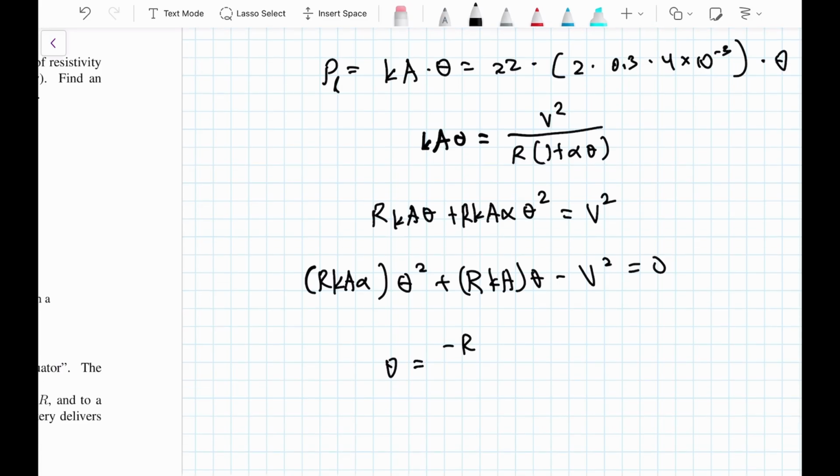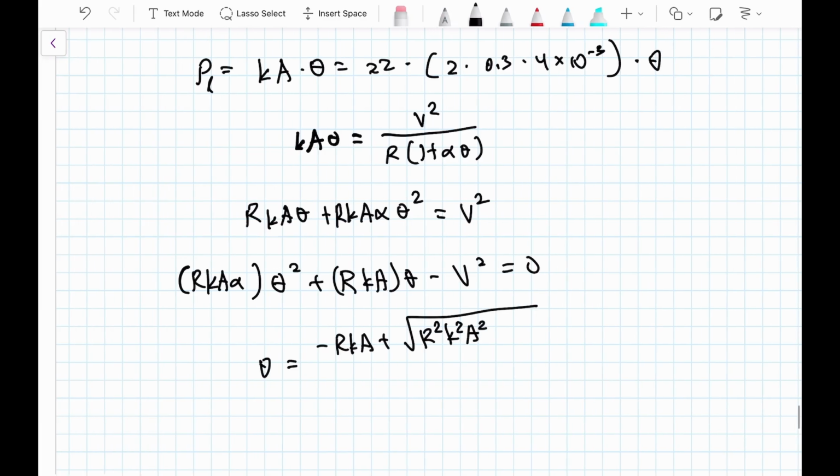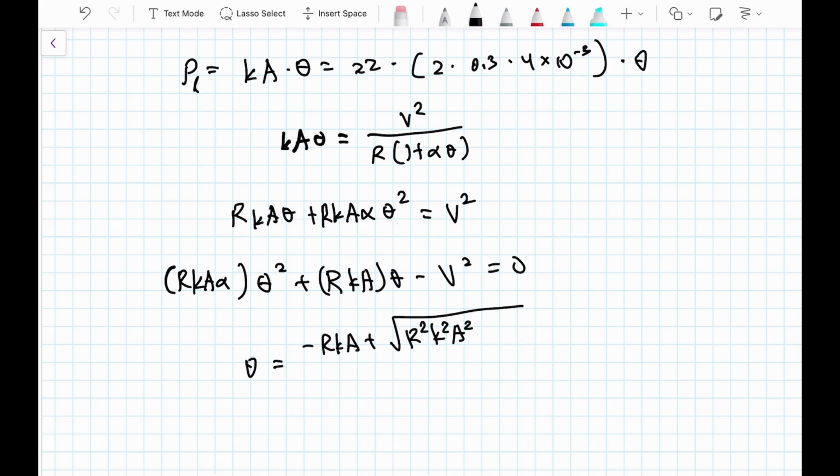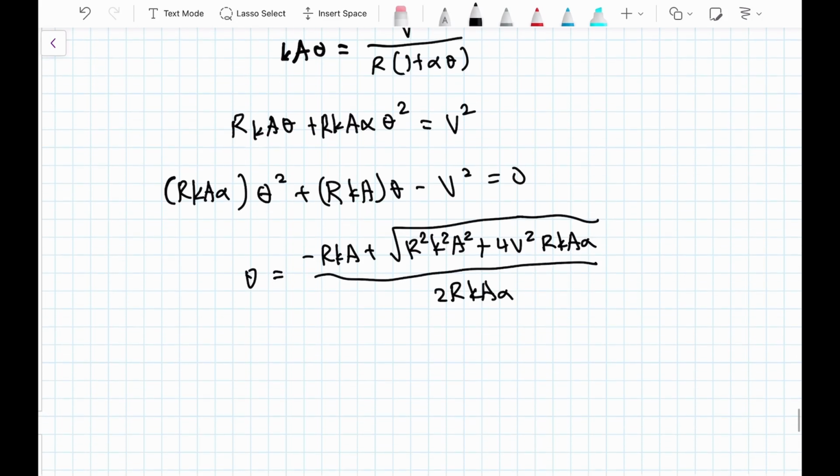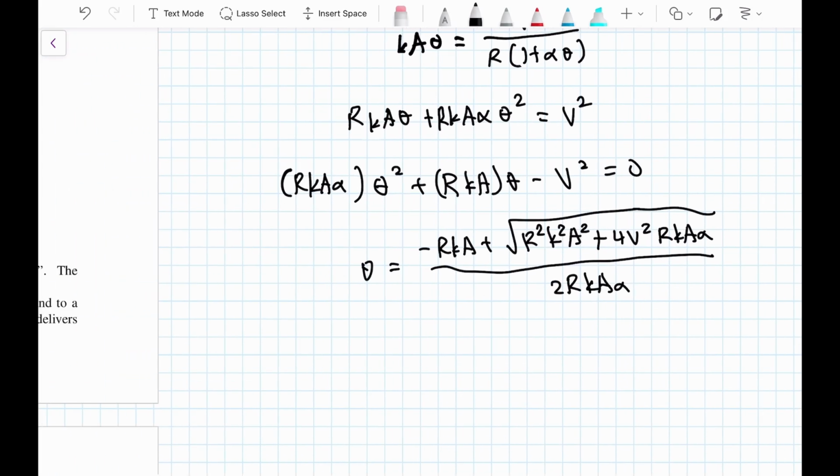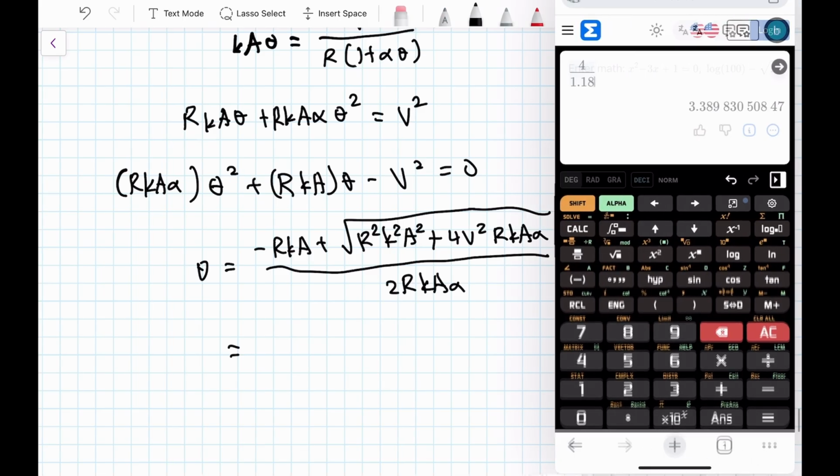So it's minus RKA plus the square root of R squared K squared A squared plus 4 V squared RKA alpha, over 2 times RKA alpha. And I suppose we can just calculate this. We'll put this entire thing into an equation.